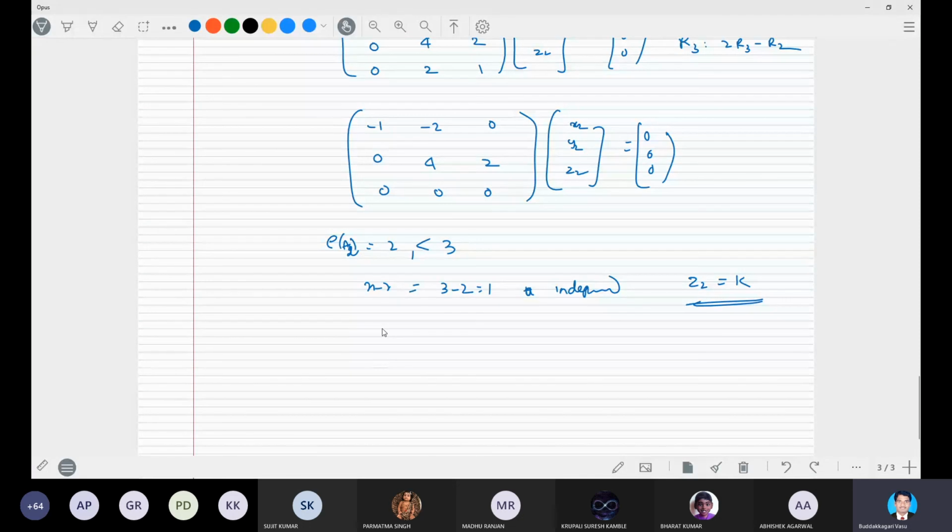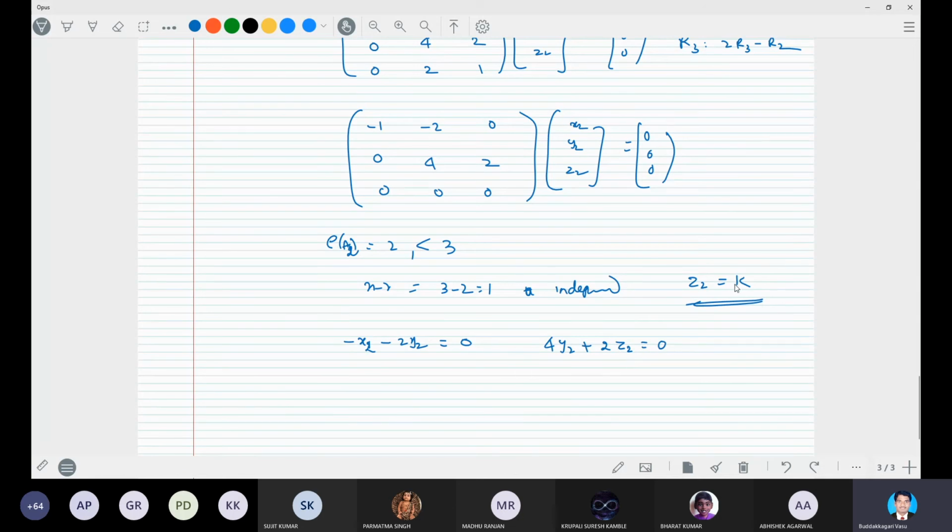So therefore this will be minus x2 minus 2y2 is equal to 0. Next, 4y2 plus 2z2 is equal to 0.